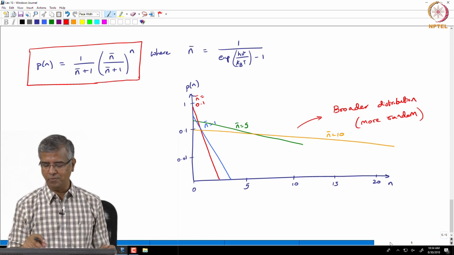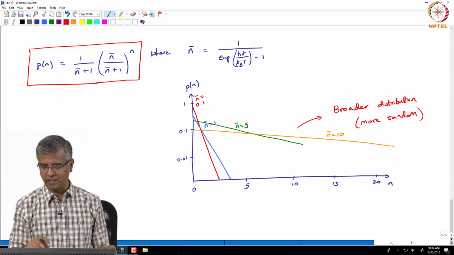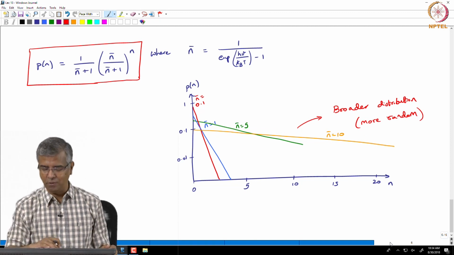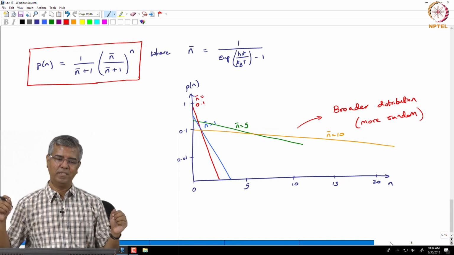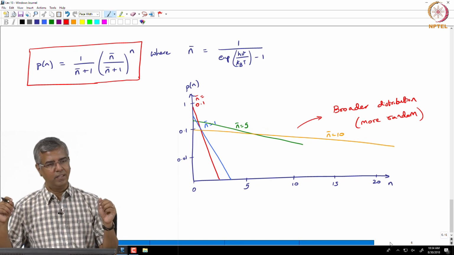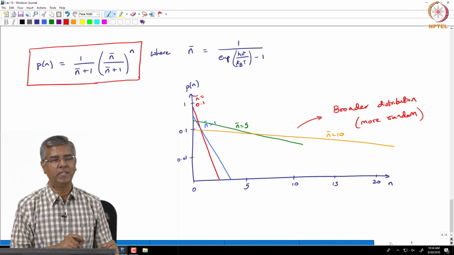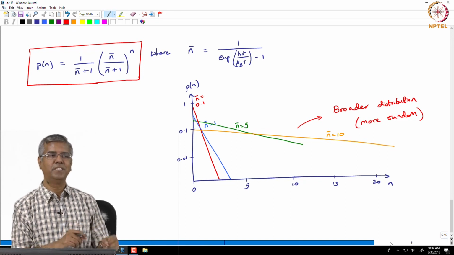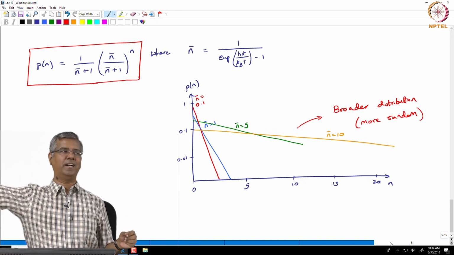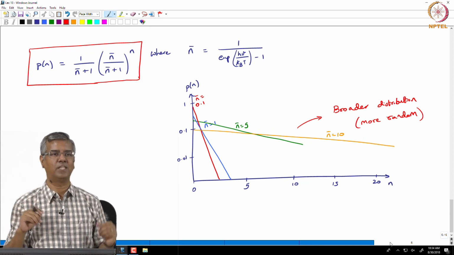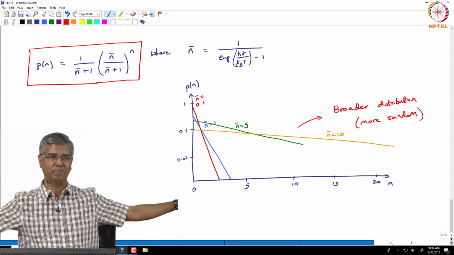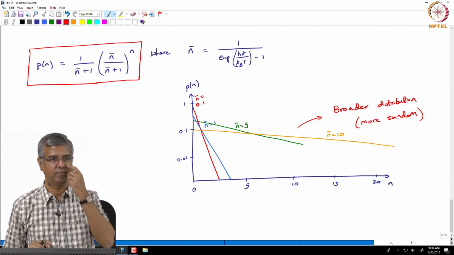In other words, if I were to draw this for n bar equal to 20, it will look even flatter. What does that tell you? It's telling me that there is equal probability of finding 0 photons as there is finding 100 photons, right. That's what it's quite random is what we are saying. Okay.